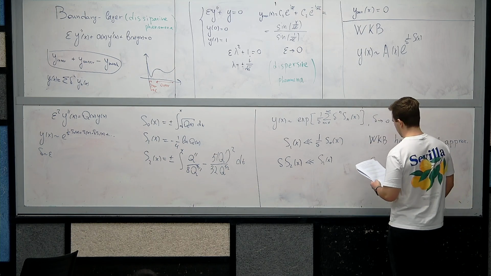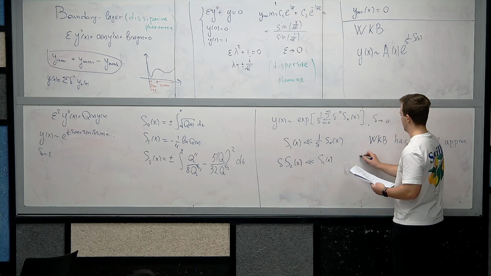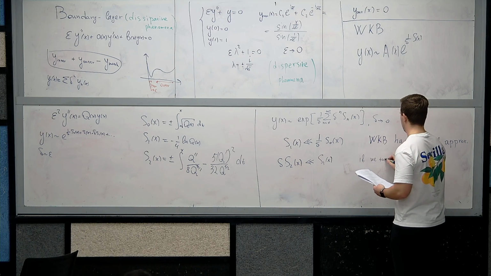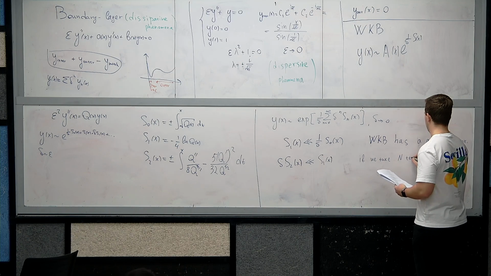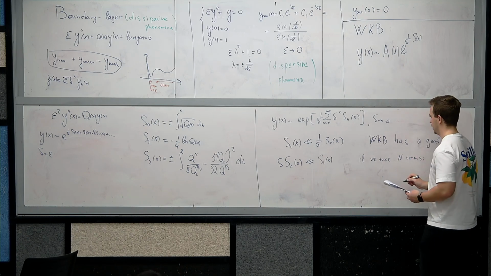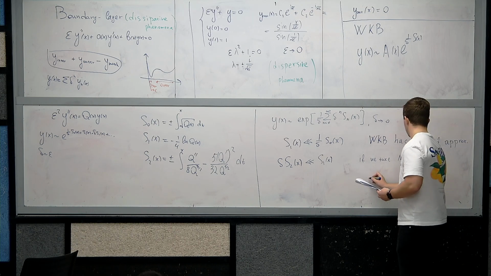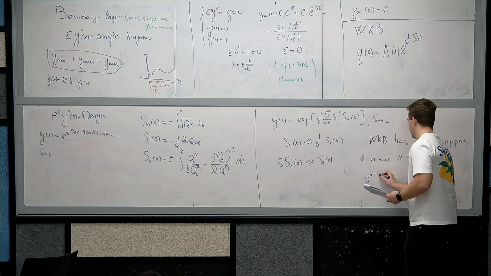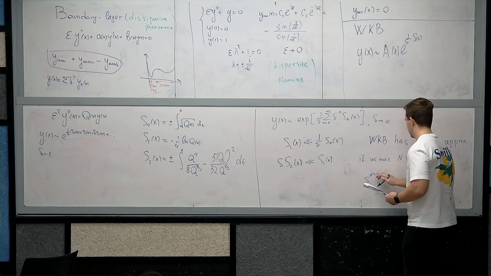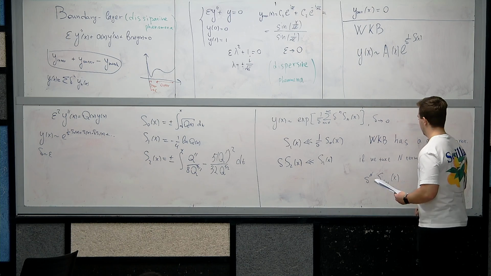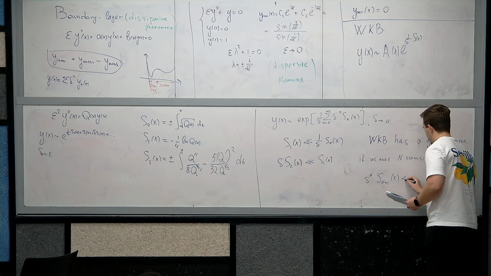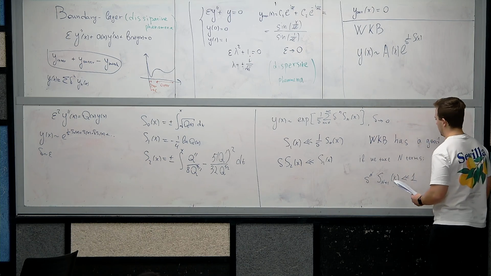So if we take, for example, the first n terms, we need to check that the next one, delta to the power n plus 1 S n plus 1 of x, is much smaller than 1.